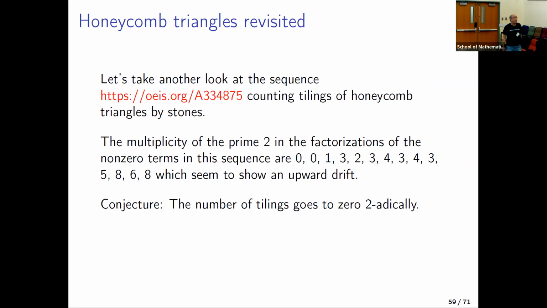Now, this is really 4 sequences interspersed with each other, because remember, there were 4 congruence classes mod 12, which is where things are going to happen. So you'd really want to look at those 4 separately, and I don't have enough data here. But my conjecture is that the number of tilings goes to 0 two-adically, and there may even be a nice exact formula for the exponent of the prime 2, even if other primes don't do anything systematic.